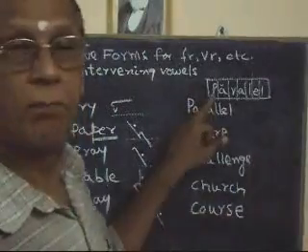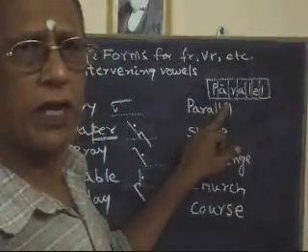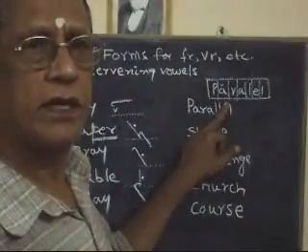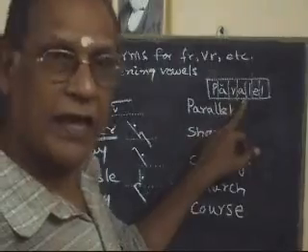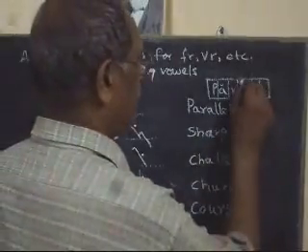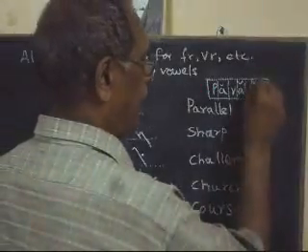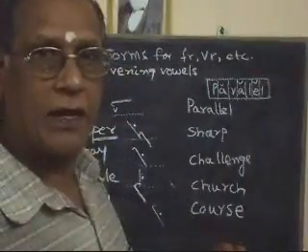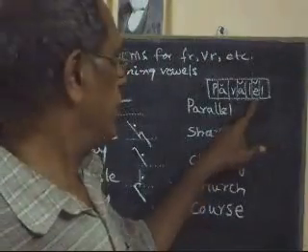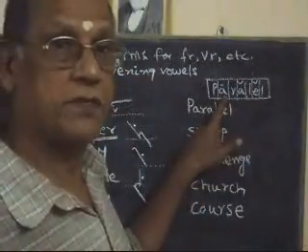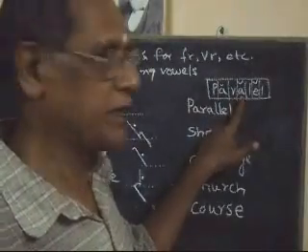Parallel. P, A. Short vowel, A. You know vowels? A, short vowel. R. Again, A. Short vowel. L. Vowel. A. Light dot, second place. This is light dot, first place.